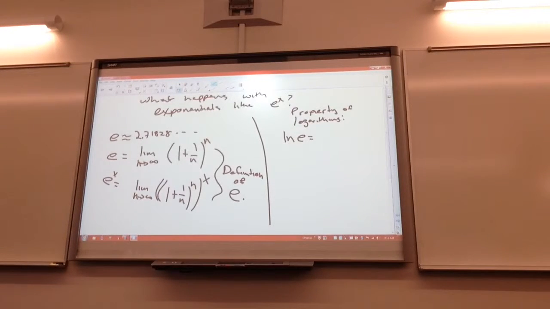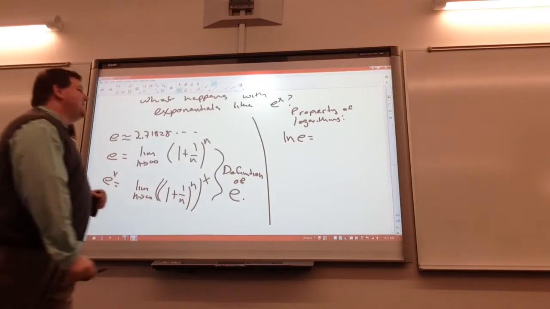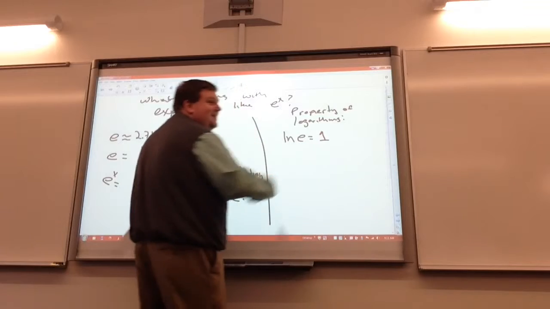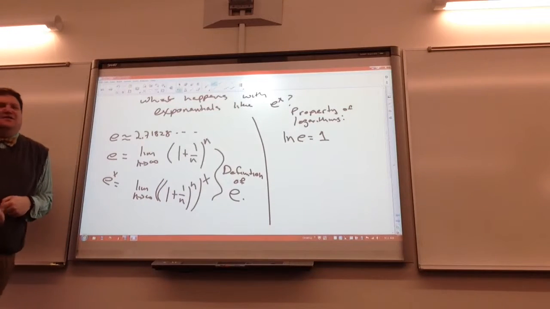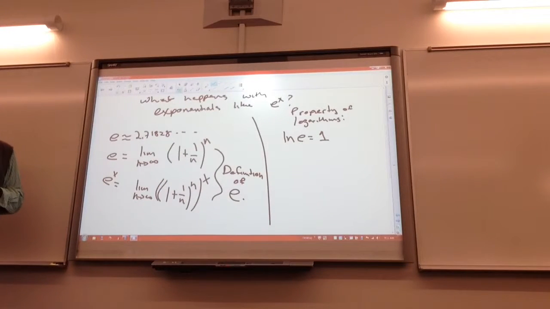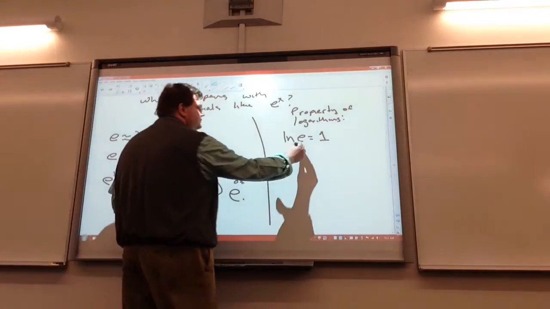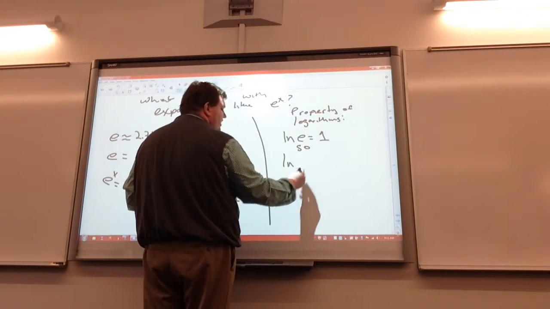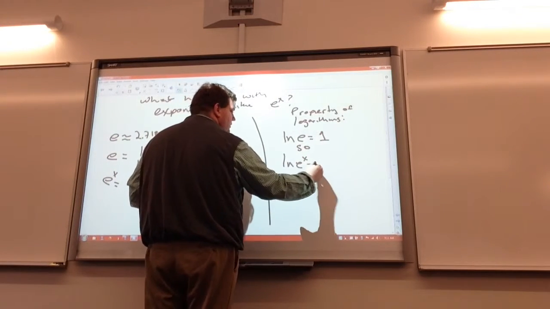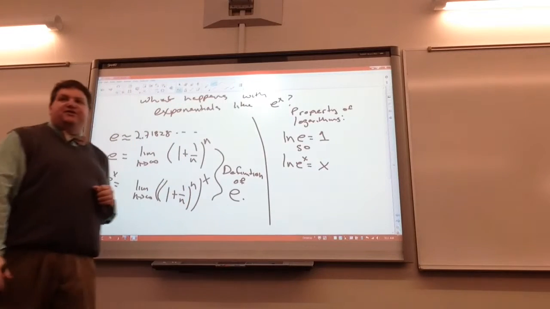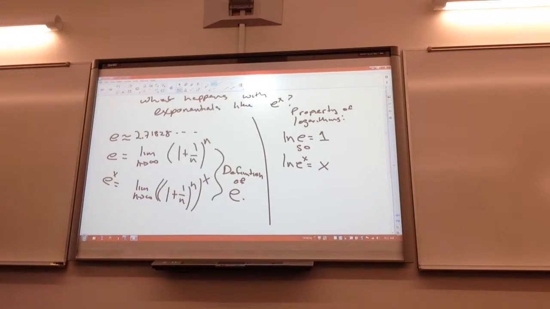It is 1. Remember, the log base a of a, or natural log of e, always comes out to be 1. So that means the natural log of e^x should be equal to just x, correct?